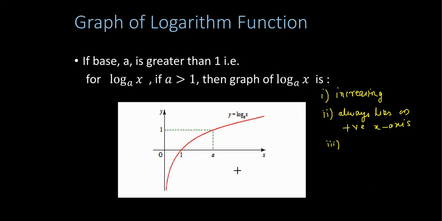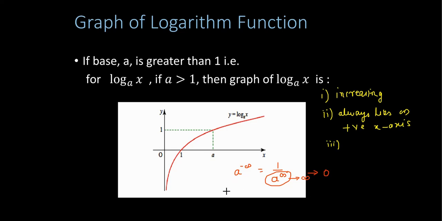something raised to a power, let us say a raised to power minus infinity, if a is positive, you can write this as 1 upon a raised to power infinity, and a is greater than 1. That means a raised to power infinity will tend to infinity, and 1 upon infinity will tend to 0.